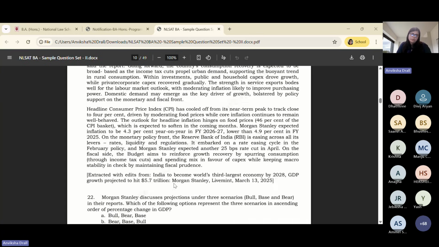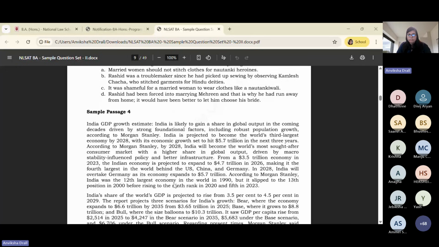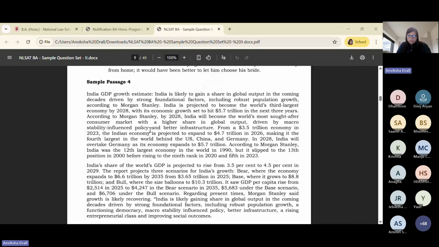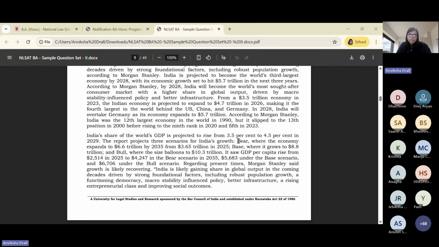Now, if I go back to the first paragraph, here, yeah, sorry, it's in the second paragraph. They've mentioned here where in the bear phase, I'll highlight it, in the bear where the economy expands to 6.6 trillion by 2035 from 3.65 in 2025.